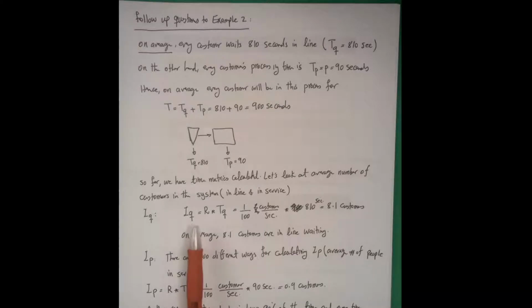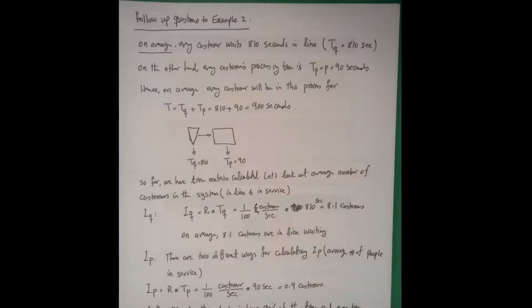We are going to calculate that with Little's law. Little's law says IQ equals R times TQ. R is the throughput rate, which is the minimum of the rate of arrival and the rate of processing. That's going to be 1 over 100, times TQ, which is 810 seconds. That's going to bring me to 8.1 customers.